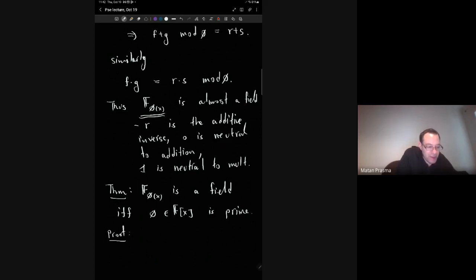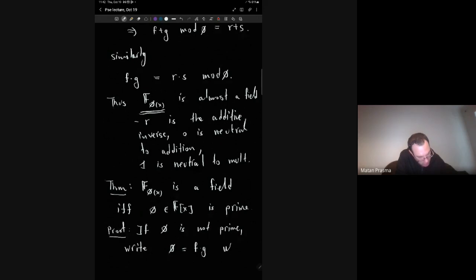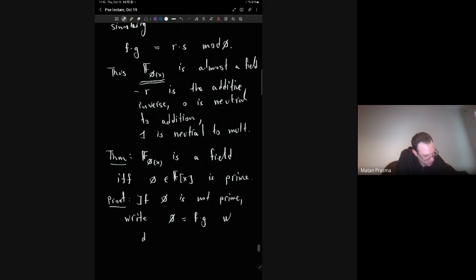We did all the preparations, so it's gonna be quick. If phi is not prime, write phi equals f times g with degree f and degree g bigger or equal to 1, and of course strictly smaller than the degree of phi.